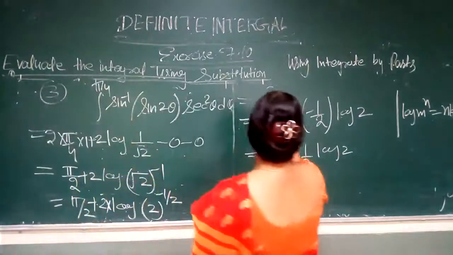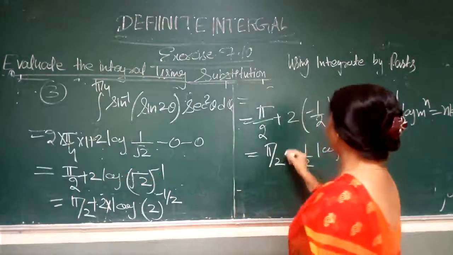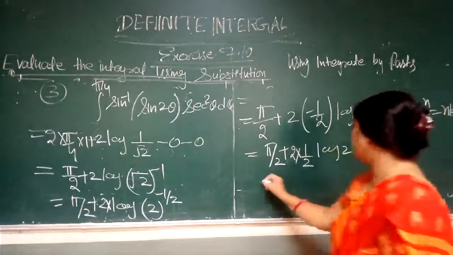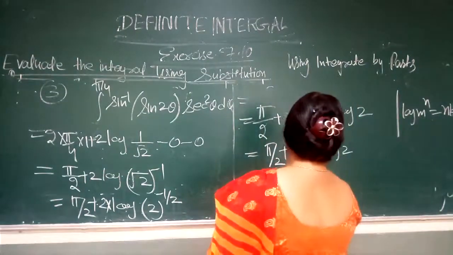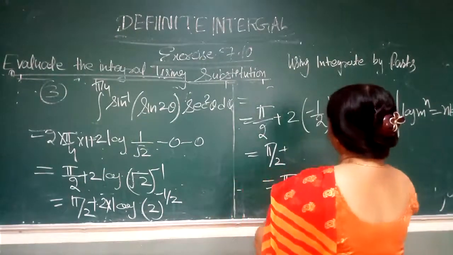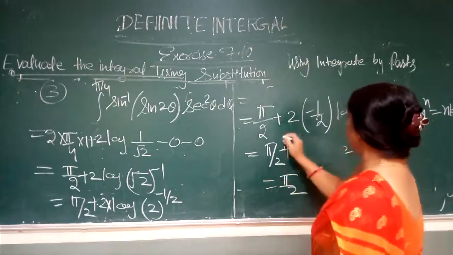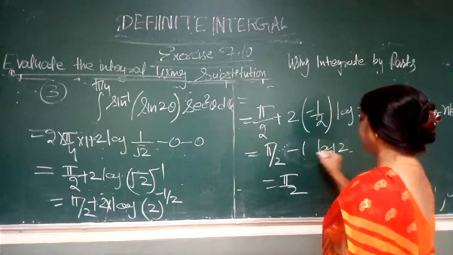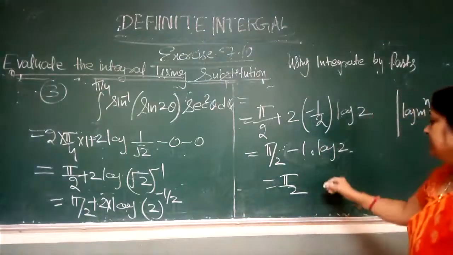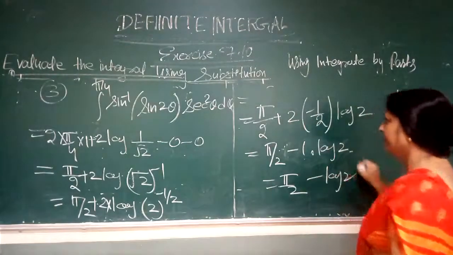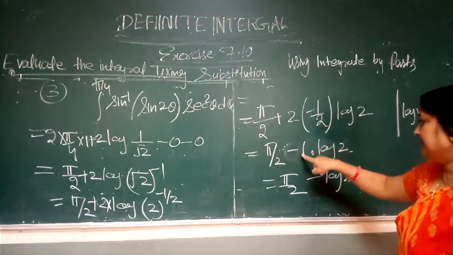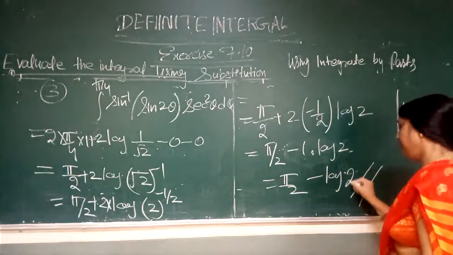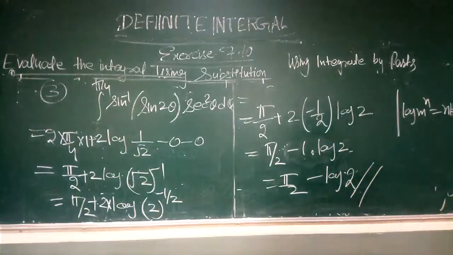So 2 is already here because when we will open the bracket, 2 will multiply with this term, so it will come pi by 2, and here minus of here plus minus minus 1 log 2. So it will come minus log 2 because this 2 cancels, plus minus minus log 2. So this is the required solution of question number 3.